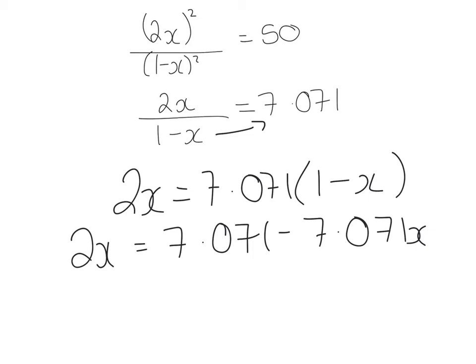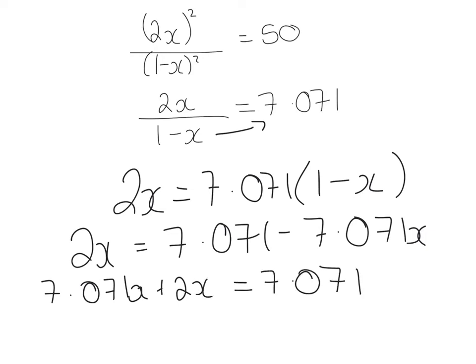So like we would in school, we're going to bring all our numbers to one side and we're going to bring all our letters to the other. So I end up bringing my x's to one side, so I have 7.071x plus 2x is equal to 7.071.